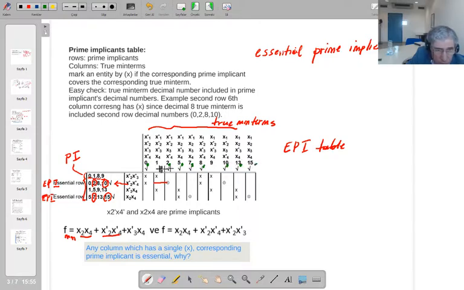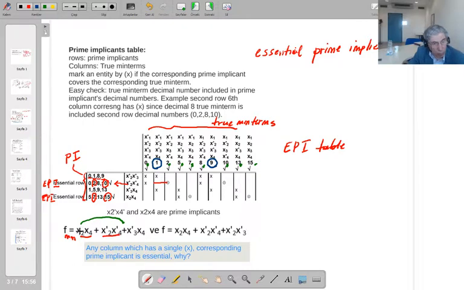These true minterms mean 0, 2, 5, 7, 8, 10, 13, 15. These true minterms are covered by these essential prime implicants. So what is left? Let me make it a different color. This 1 true minterm and this 9 true minterm are not covered by these essential prime implicants.